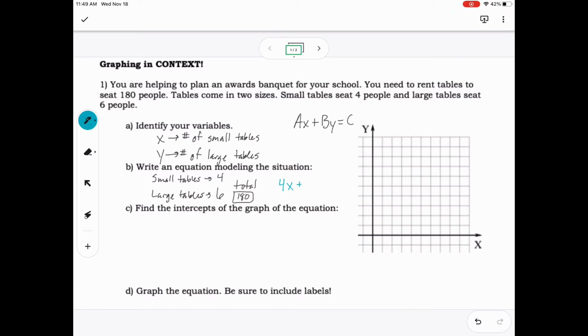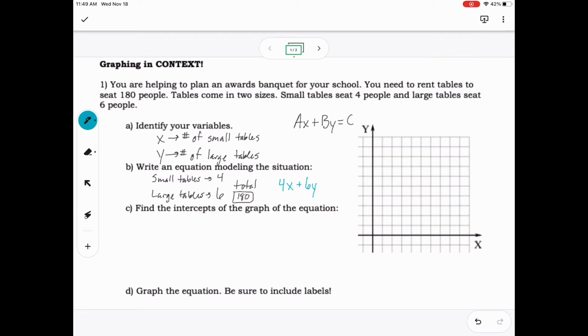Then this next one, you have y, the number of large tables, and you can seat 6 people at those large tables, so it would make sense to take 6 times y. So if I had 3 large tables, 3 times 6 people at each of those tables gives me 18.